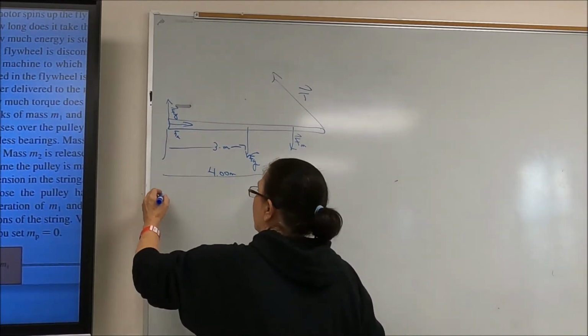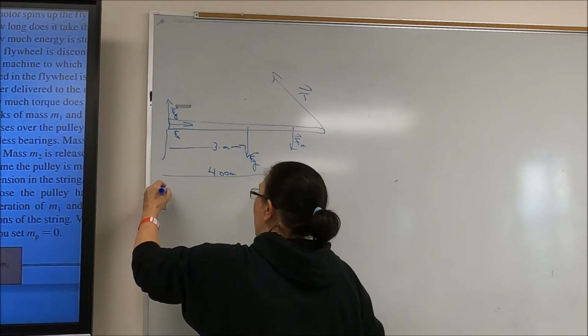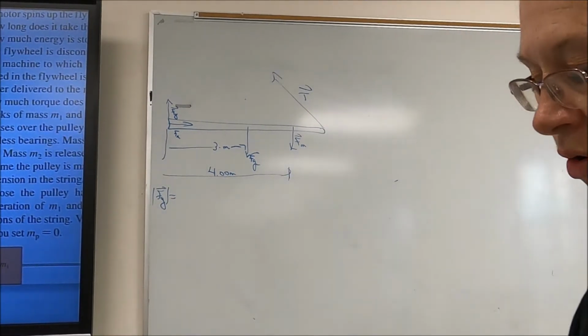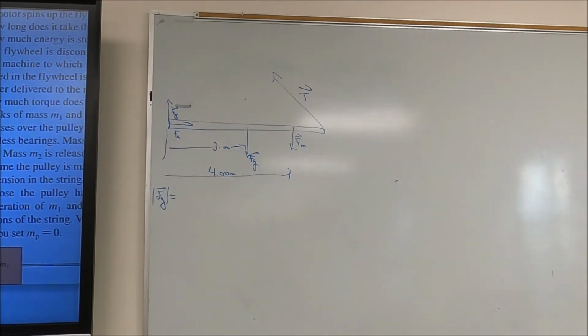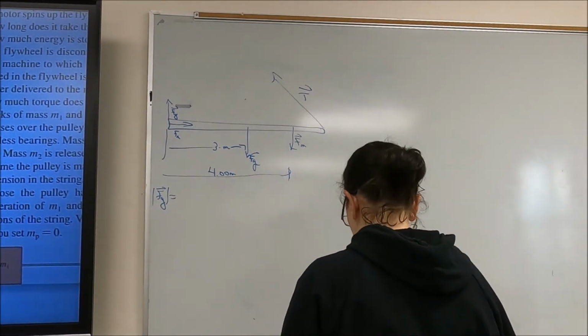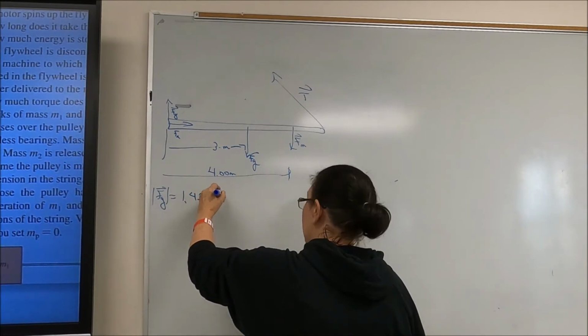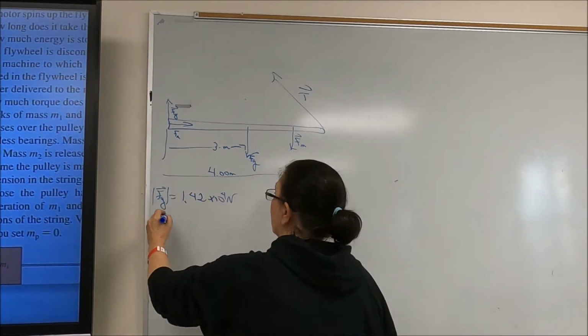Okay, now force due to gravity here is going to have a magnitude of 1,450 times 9.8. So that's 1.42 times 10 to the 4 newtons.